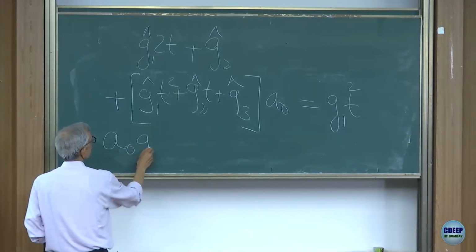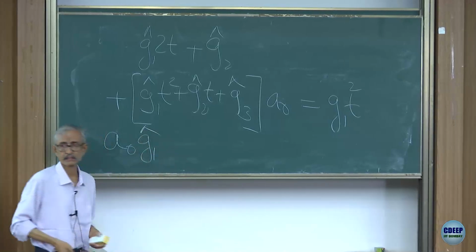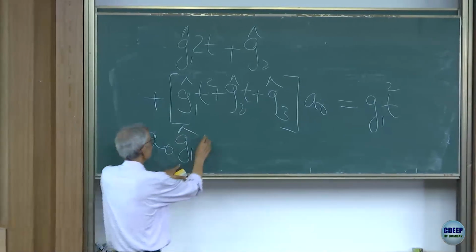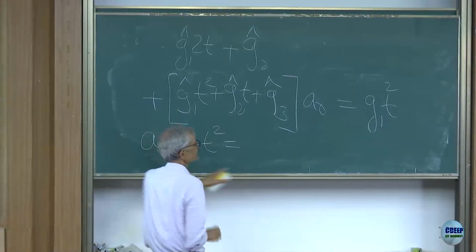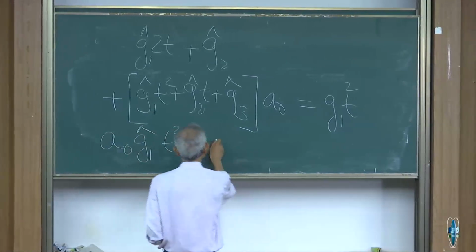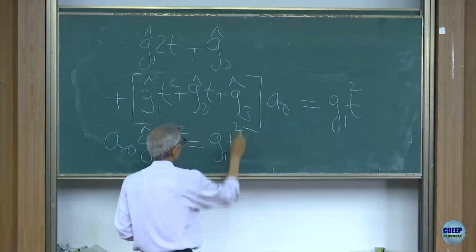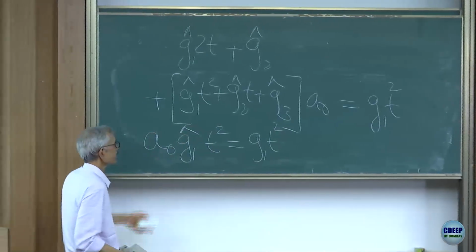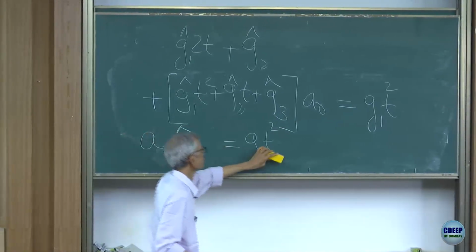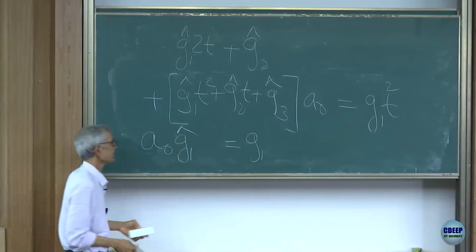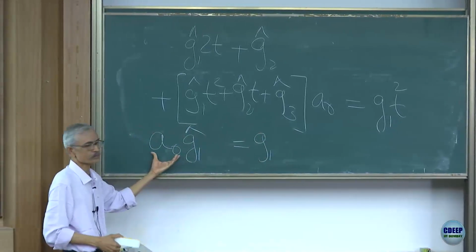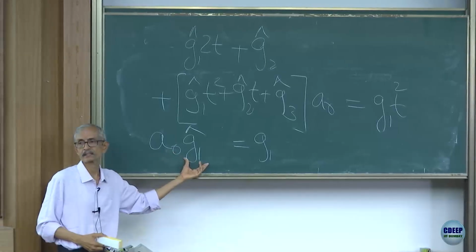A0 g1 hat, correct? That is, A0 g1 hat t square is equal to g1 t square, okay? And the coefficients on t square have to be the same, and therefore I get what is going to be my g1 hat, right?